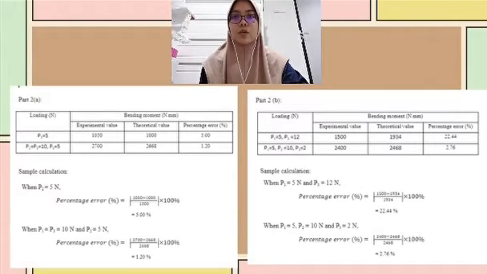And for part 2B, same as part 2A, we want to compare the experimental value and theoretical value by percentage error. So when P1 equal to 5N and P3 equal to 12N, the percentage error is 1500 minus 1934 divided by 1934 in modulus, multiply with 100%, and we get 22.44%. So that's all from me.